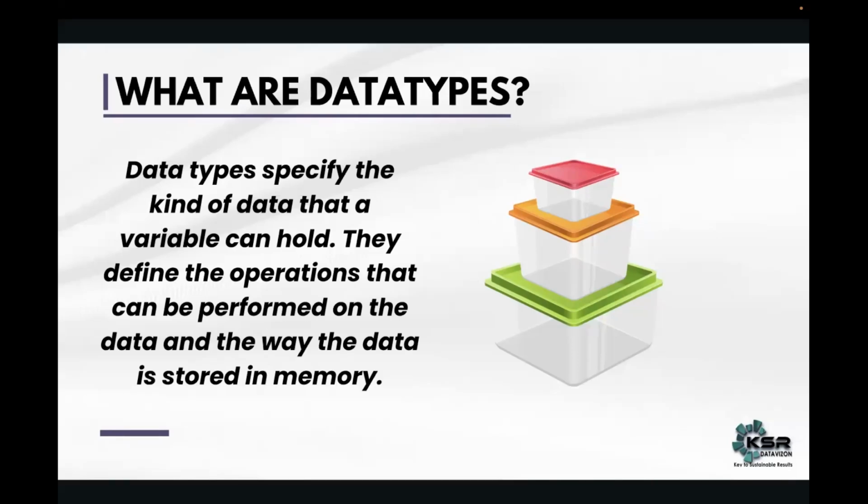Java has created a few operations which we will see today. Once you tell Java that this variable is of this data type, Java gets to know how much memory it needs, which operations can be performed on it, and which cannot.